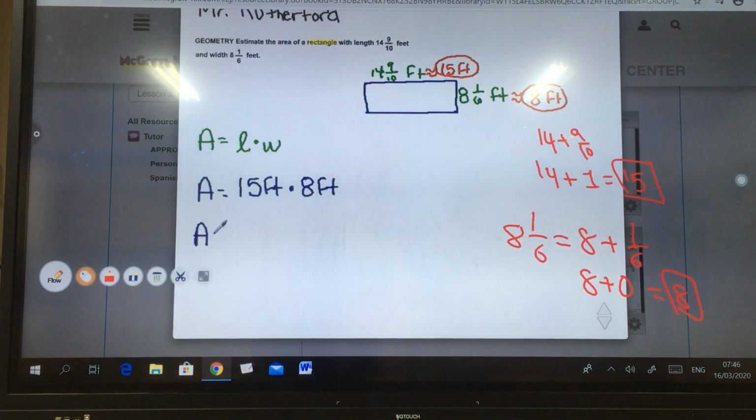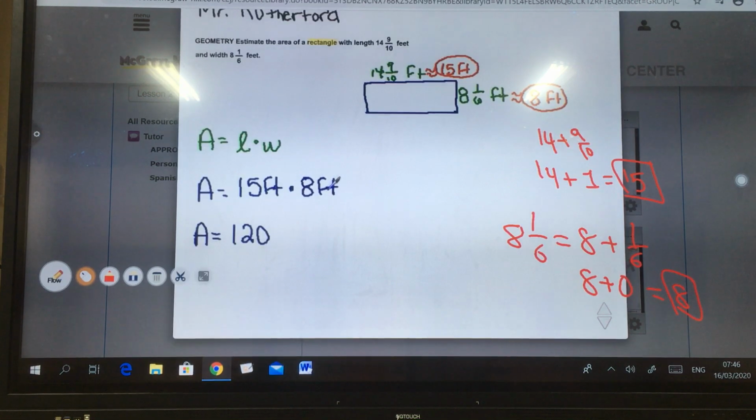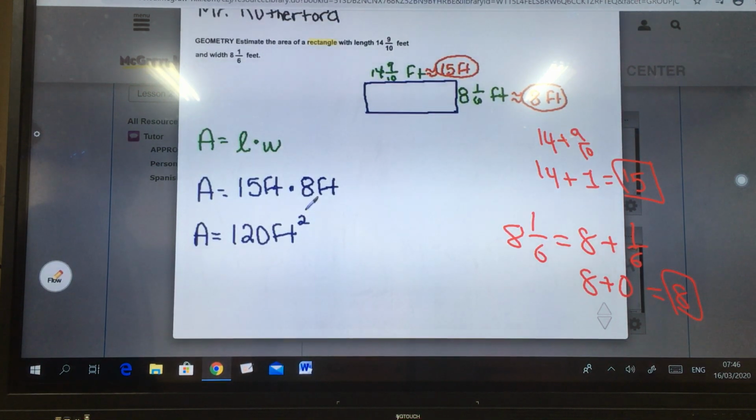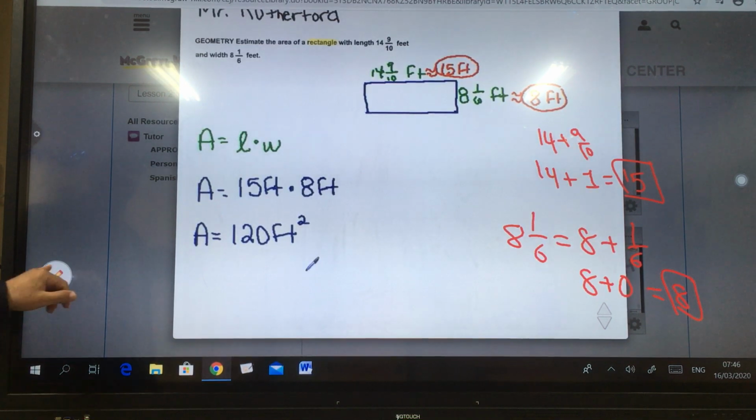So we simplify this equation. We have 15 times 8 is 120, and our feet are going to become feet squared. So our estimated area of our rectangle, given our length and width, is approximately 120 feet squared.